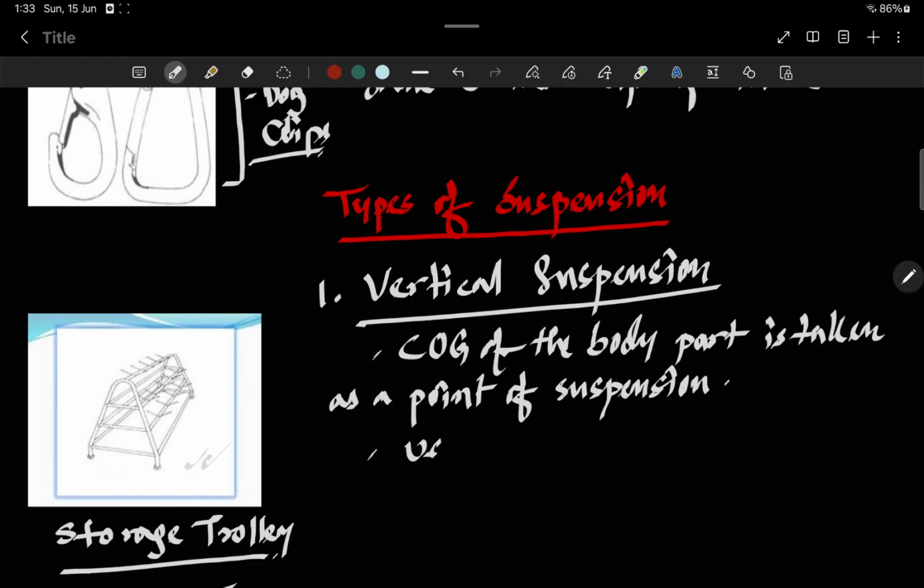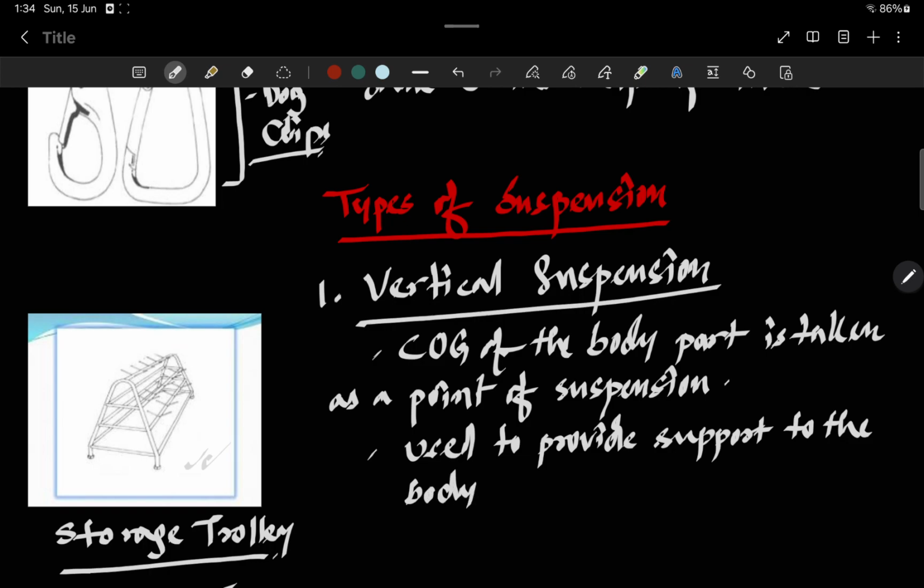It is used to provide support to the body parts.